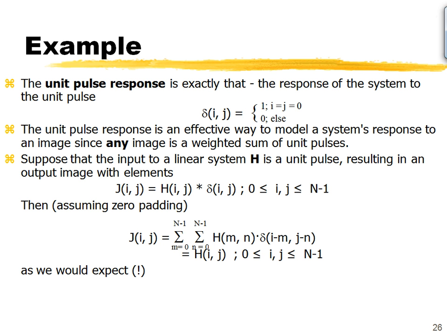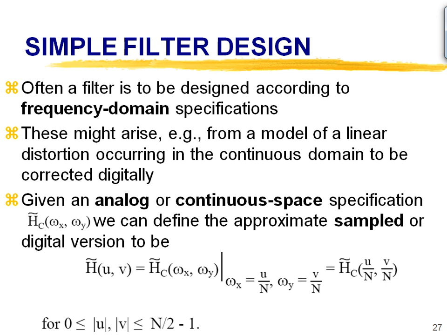All I get is h of ij, right? So what does this tell us? That if I have a unit pulse going in and I convolve it with my filter, all I get is the characteristic response of the filter at the location ij. Okay. So another way to characterize a filter.